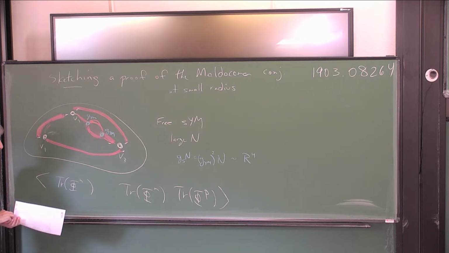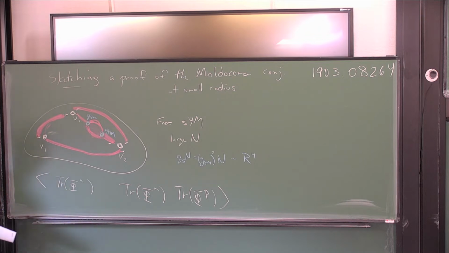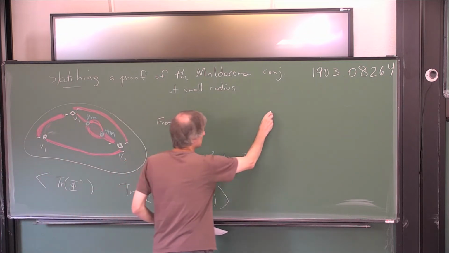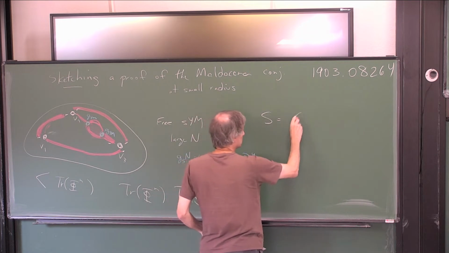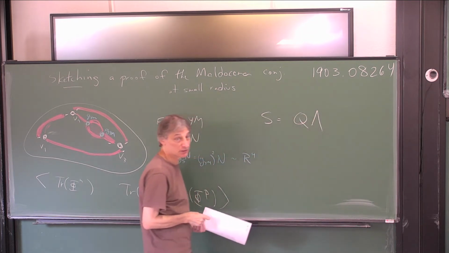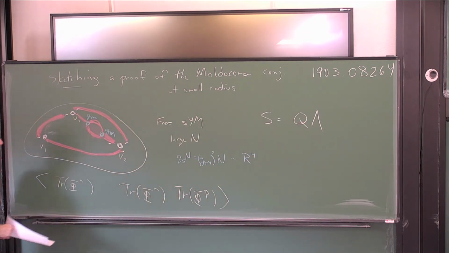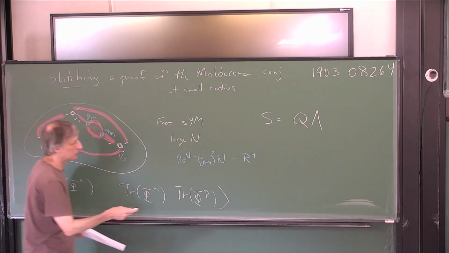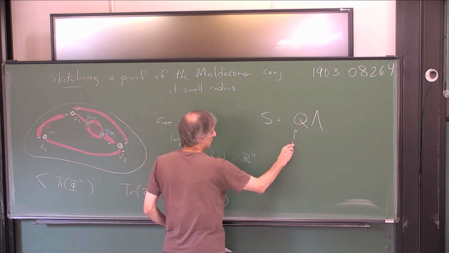So what the speculation is, or conjecture, however you want to say it, is that at zero radius, which corresponds just to free super Yang-Mills, the action is just a topological action. So it's just going to be Q lambda, where Q is supposed to be, of course, the BRST operator.